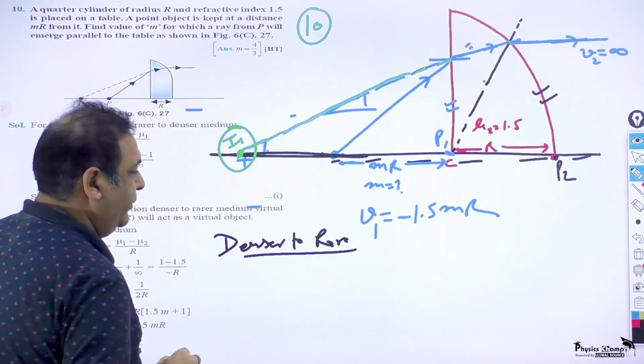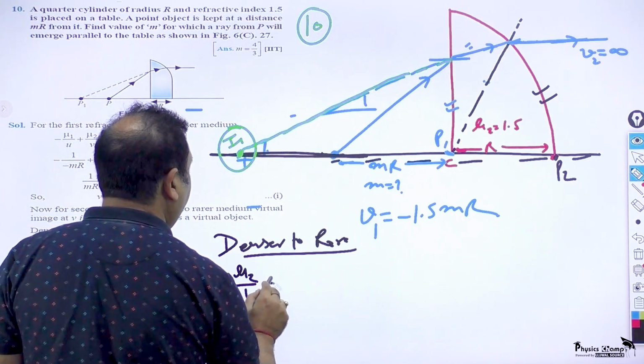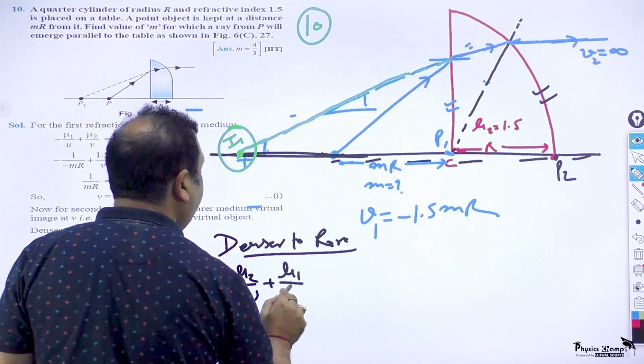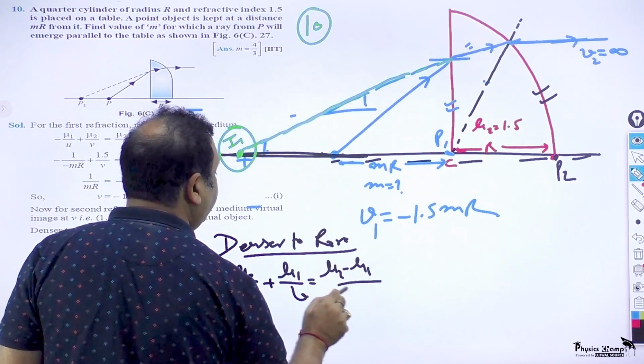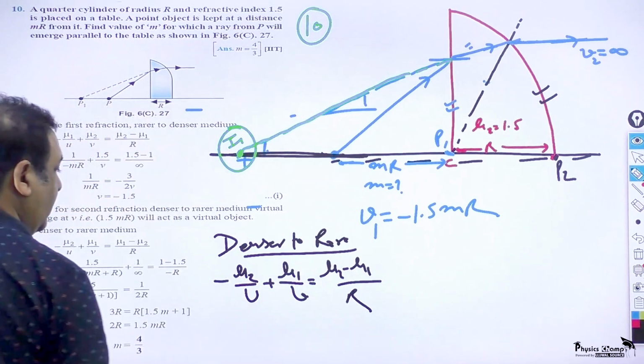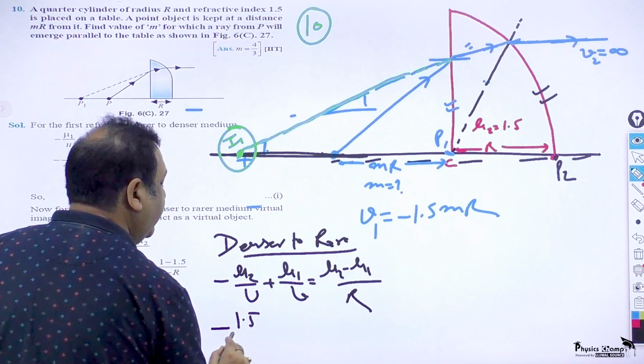At pole P2, it is minus mu2 by u plus mu1 by v equal to mu2 minus mu1 by r. Mu2 is 1.5.